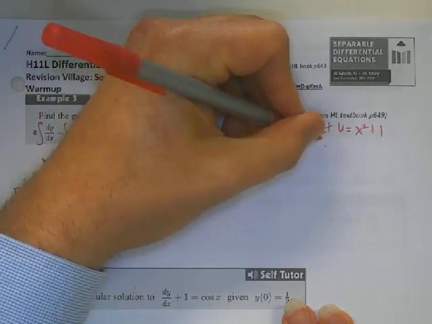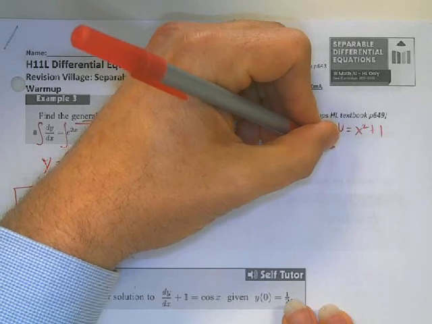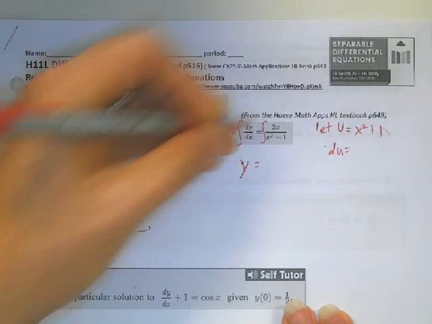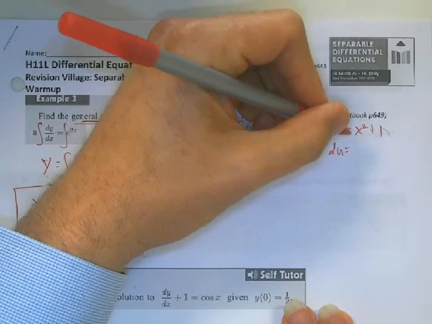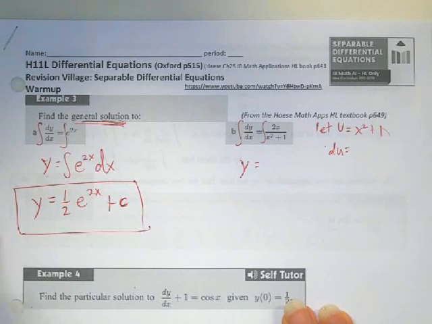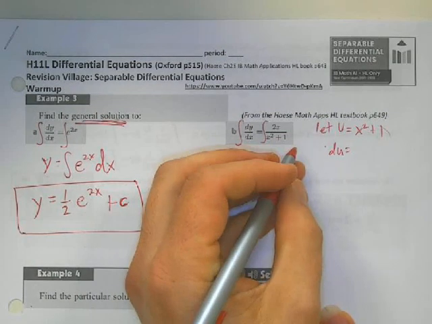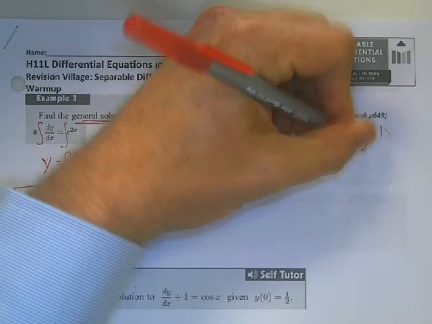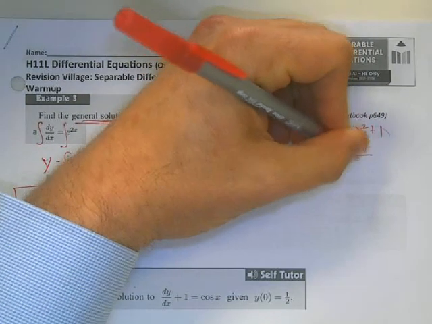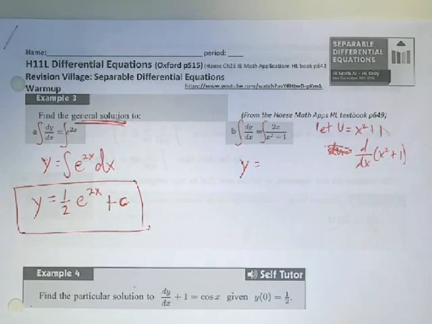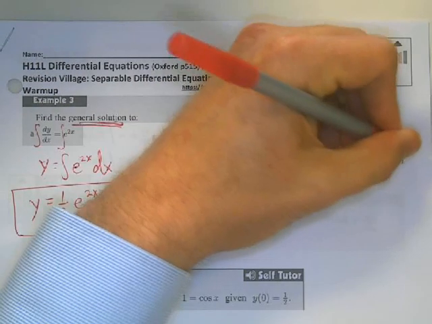We're going to say that u is x squared plus 1, so the derivative of x squared plus 1 is going to be equal to 2x.